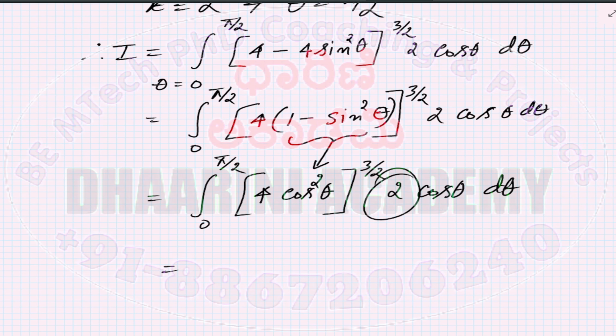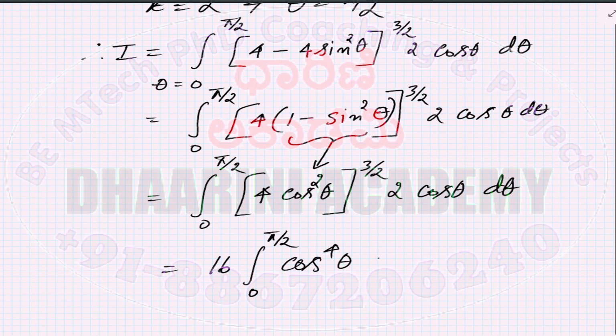So the whole term becomes 16 outside this integral. So this is 16 times the integral from 0 to pi by 2. There is a cos square and the power half will cancel, only cube will come. So cos cube into cos is cos to the power 4 theta d theta.